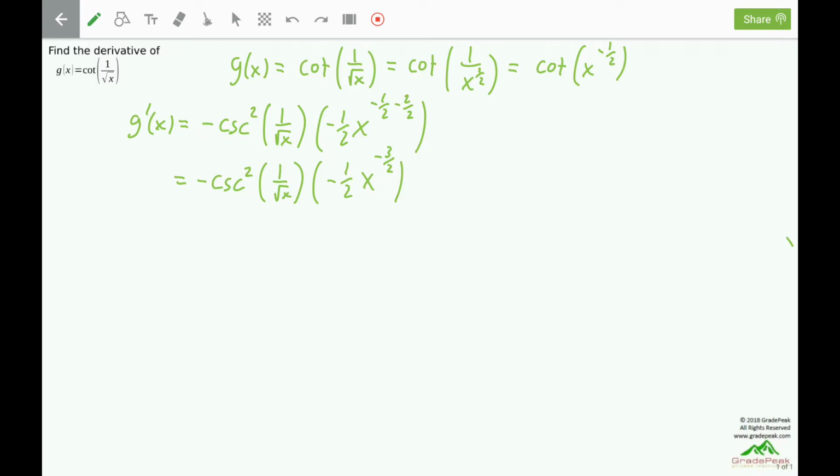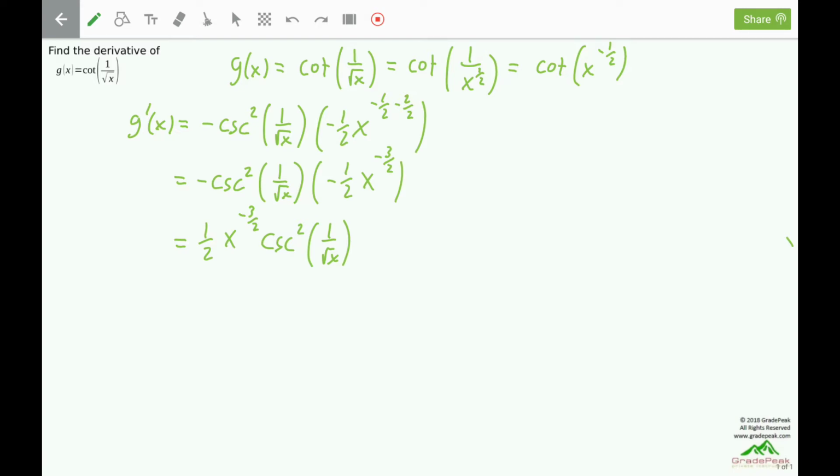We can move this out to the front of the expression. There are two negatives. They will multiply to become a positive, and we will have 1/2 x to the negative 3/2 cosecant squared of 1 over the square root of x.